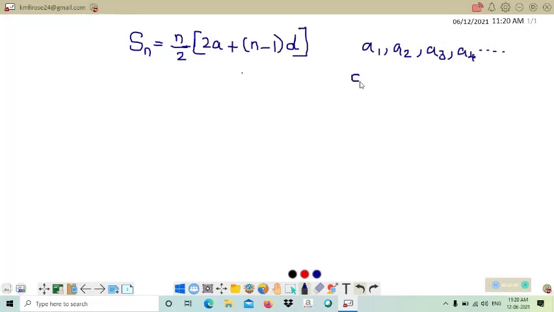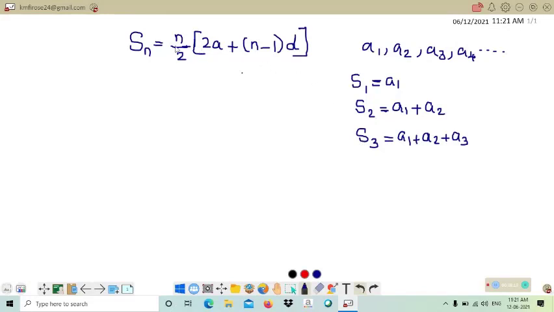Then s1, the sum of the first term, will be a1. s2 is equal to a1 plus a2. Then s3 is equal to a1 plus a2 plus a3.